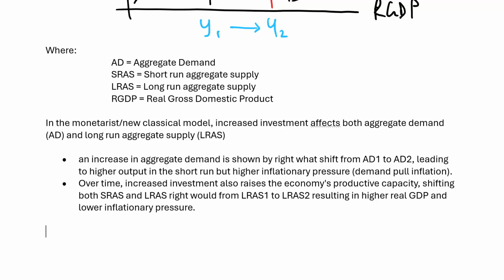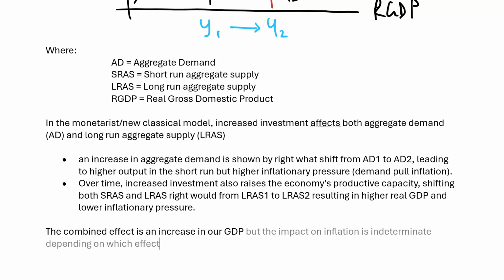The combined effect is an increase in RGDP, but the impact on inflation is indeterminate depending on which effect, demand or supply, is stronger.